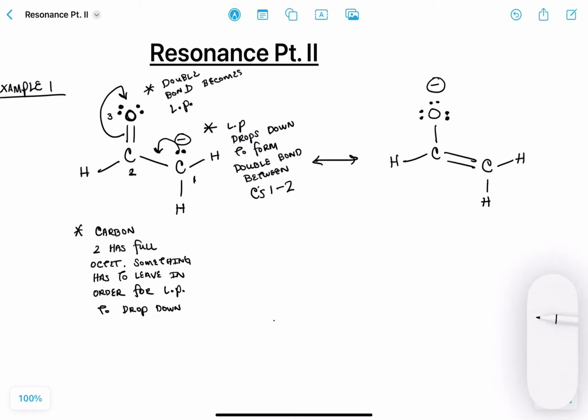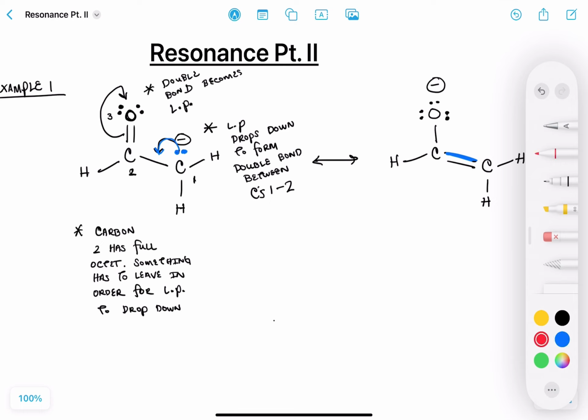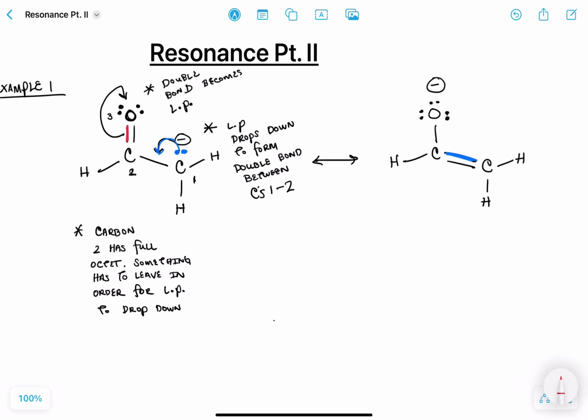All right, so let's recap this using a little bit of color. So here are the lone pairs. They drop down to form a double bond. So this is the double bond that was once a lone pair. Then the bond that was in the double bond went up to become a lone pair.